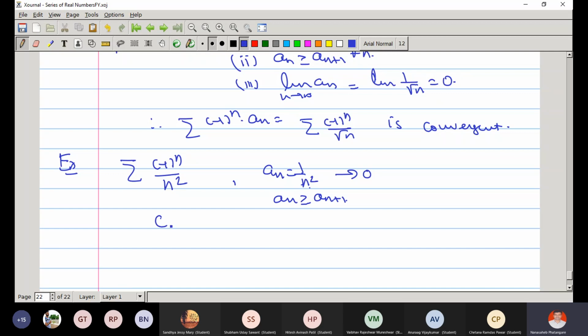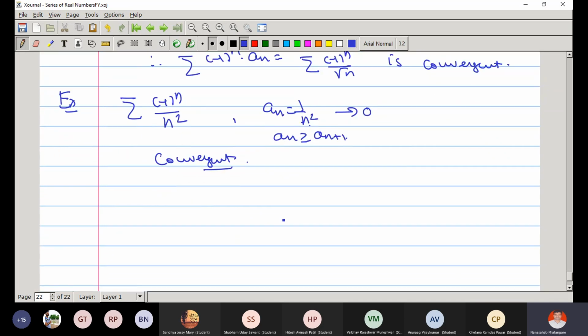So the series is convergent. You observe very simple things and can easily understand that this is convergent. This is the alternating series test.